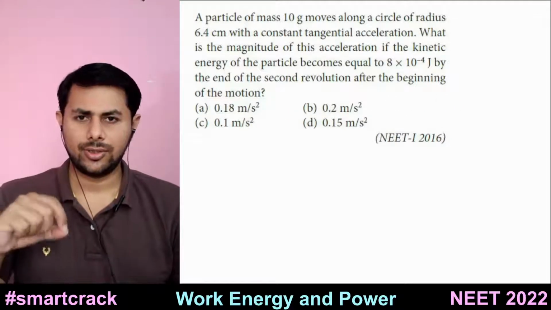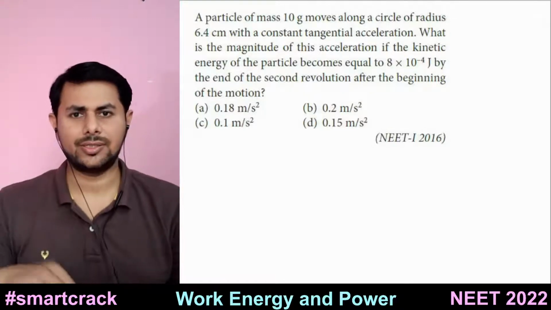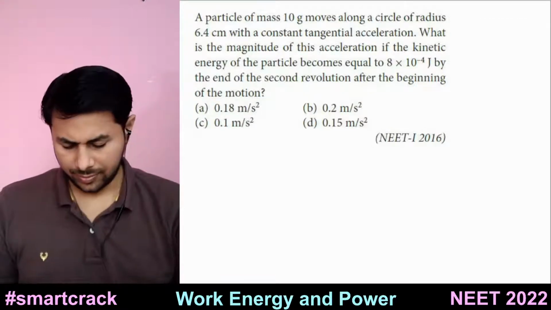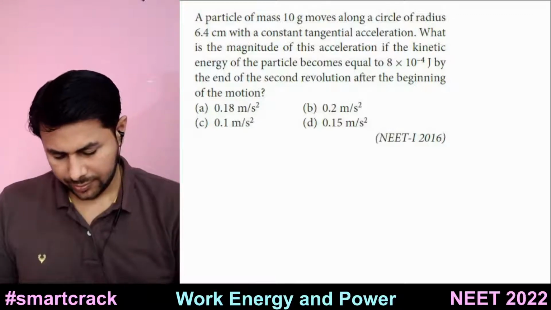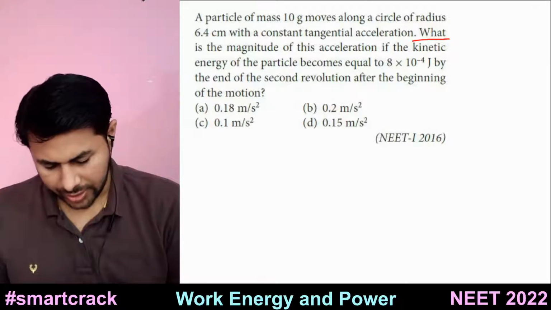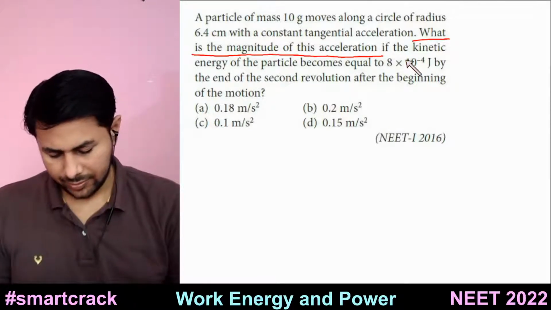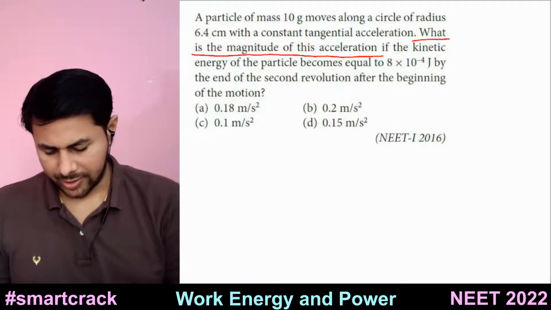Okay, so the motion begins, its kinetic energy goes on increasing because there is tangential acceleration. So the question is, what is the magnitude of this acceleration if kinetic energy of particle becomes this much?